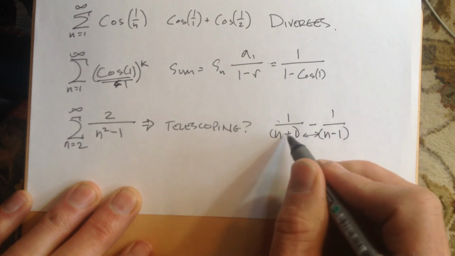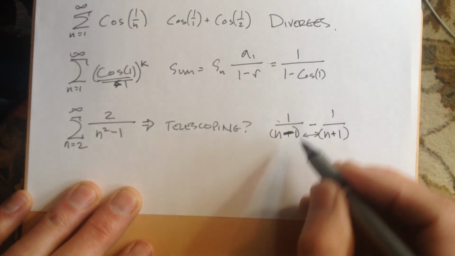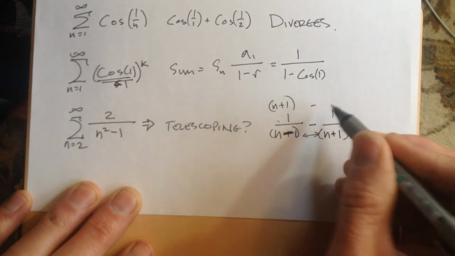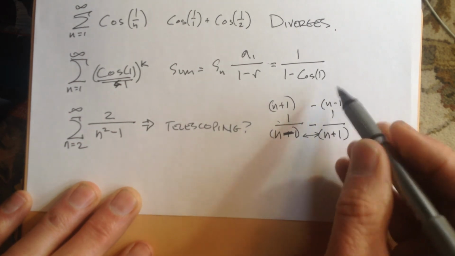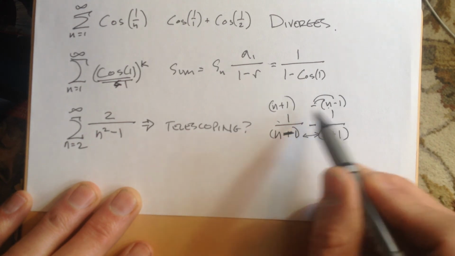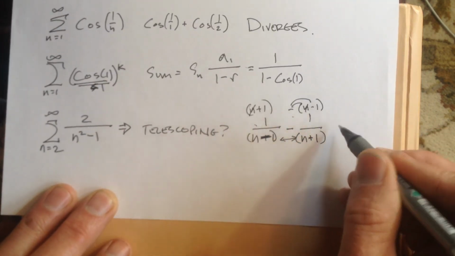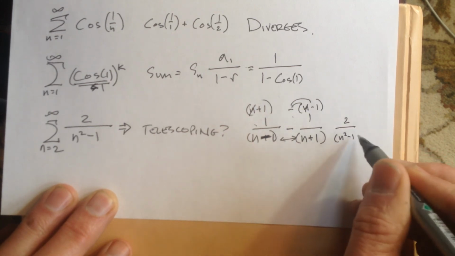Whoops, I should switch these around. That should be minus and that should be plus, because then I would get n plus 1 up there minus n minus 1 right there, and I bring that minus sign in and I get a minus n and an n cancel, and then a minus 1 gives me 2 over n squared minus 1.